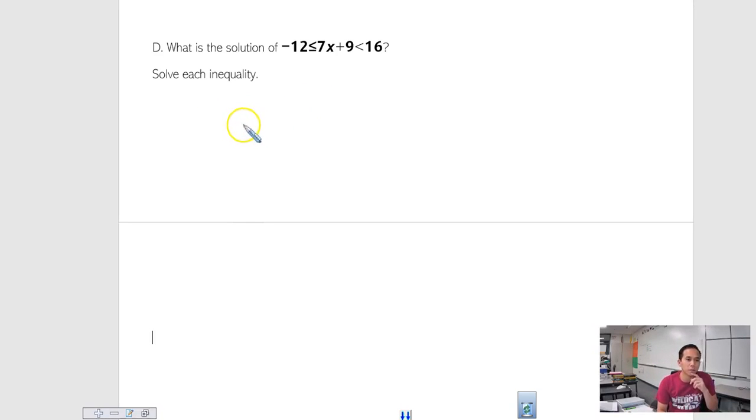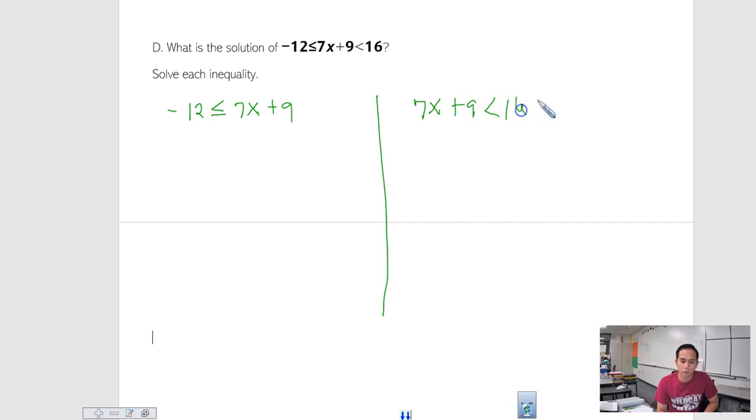So we have 7x plus 9 is greater than or equal to negative 12, and 7x plus 9 is less than 16.